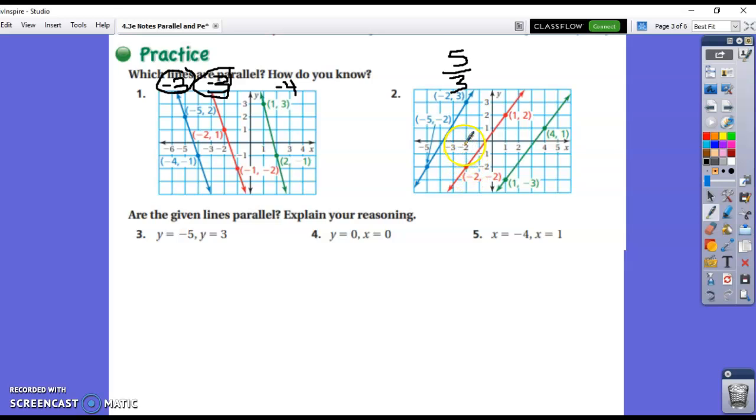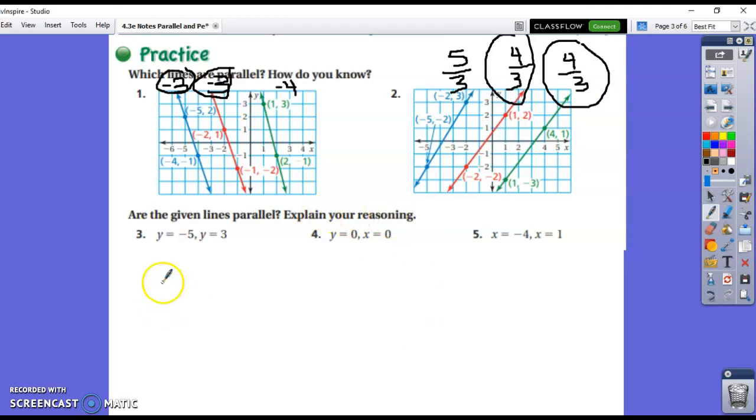The red line, 1, 2, 3, 4 over 1, 2, 3. So that would be 4 over 3. And the green line, 1, 2, 3, 4 over 1, 2, 3. That would also be 4 over 3. So my two parallel lines are the red and the green because they have the same slope.